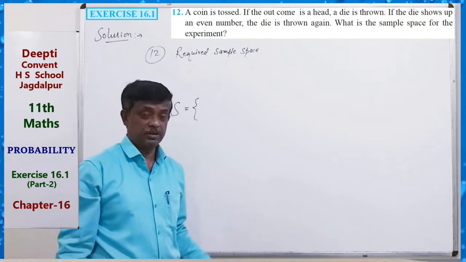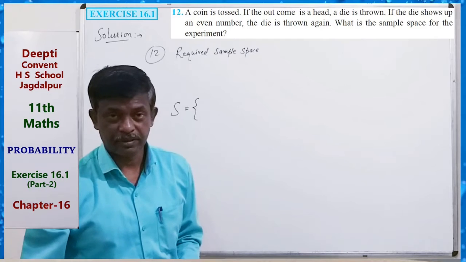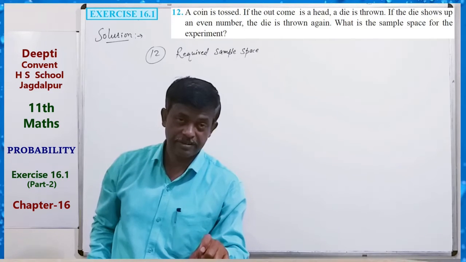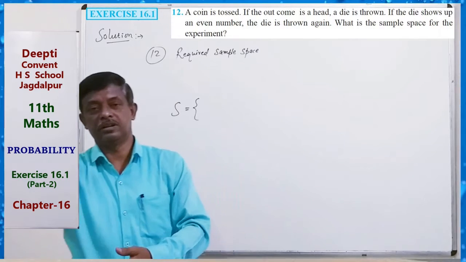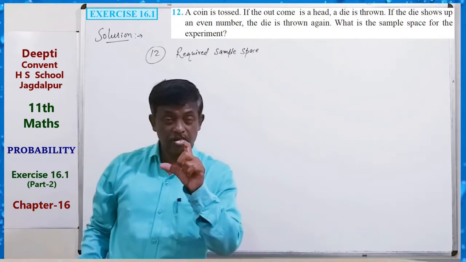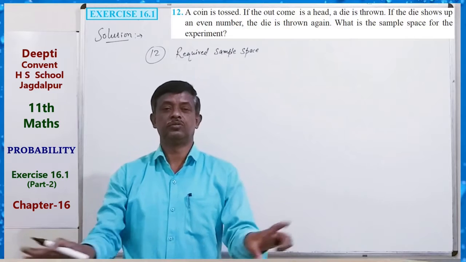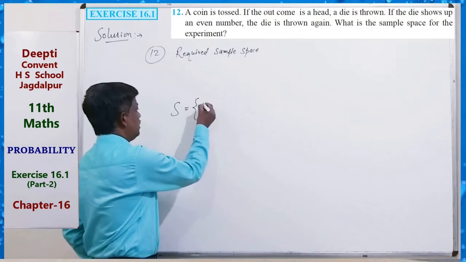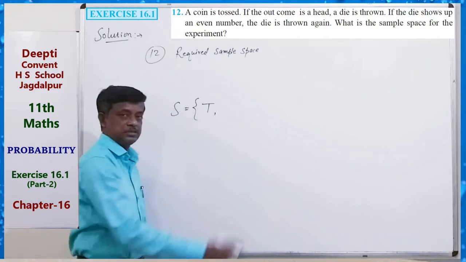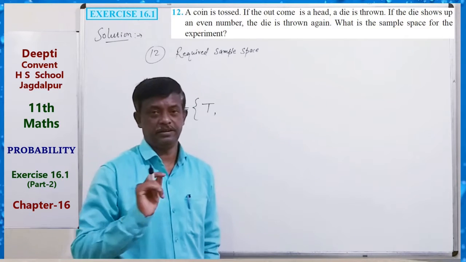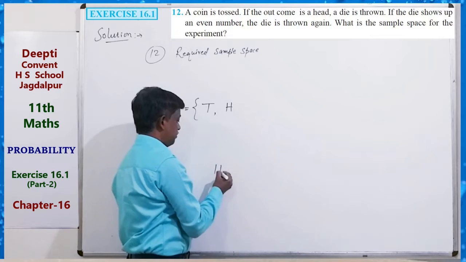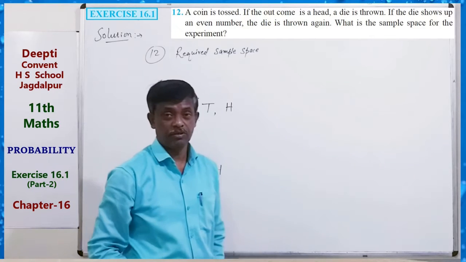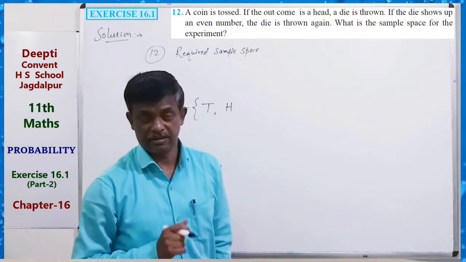Okay. First of all, if we toss a coin and get head, then our process will continue. If we get only tail, then there is nothing to do. So if tail, then finish. And if getting head, we throw the die.